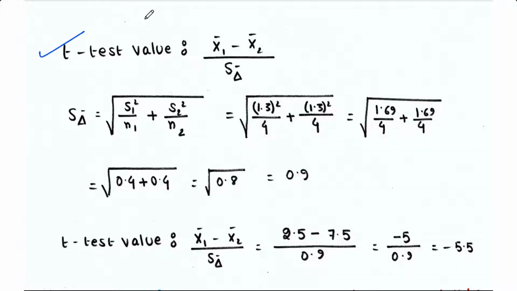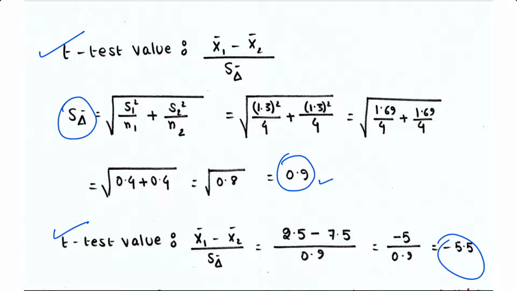This is the formula for calculating t-test that we already know. Since we know the standard deviation of both data sets, we will calculate S delta bar here. So that is 0.9. And the t-test value is now minus 5.5.